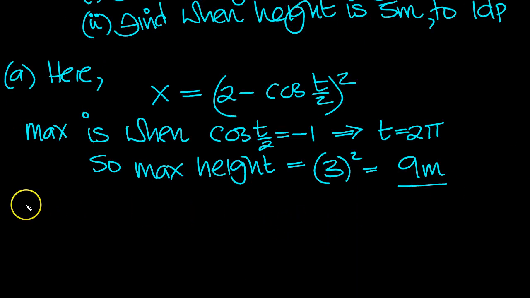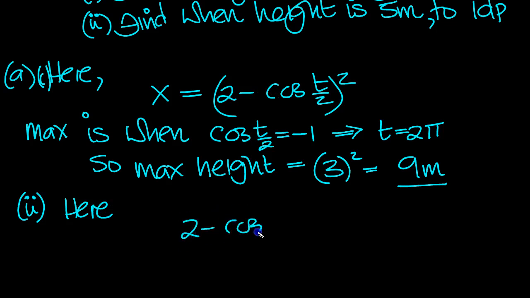So part 2. Here, 5 meters above the ground. When is this 5? 2 minus cosine t over 2, squared, is equal to 5, since the height is 5.